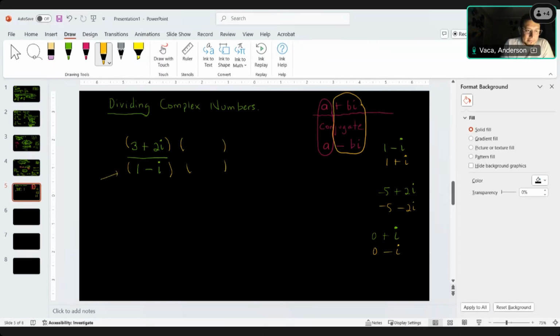This is the denominator. So we multiply the top and the bottom by the conjugate of the denominator, so that will be 1 plus i over 1 plus i.